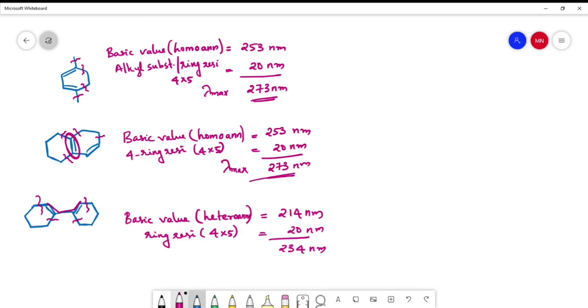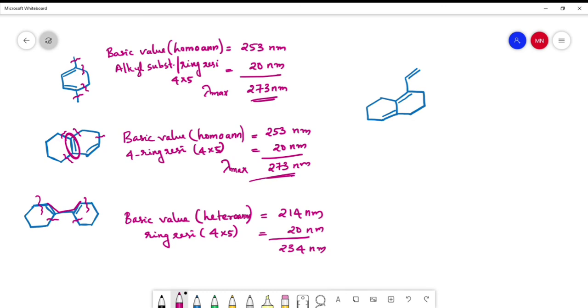Now let us take another example. It's a very good example. Two rings like this and one vinyl group like this, and here one double bond, here one double bond. Now if you are seeing over here, this is a polyene, more than one double bond are present.